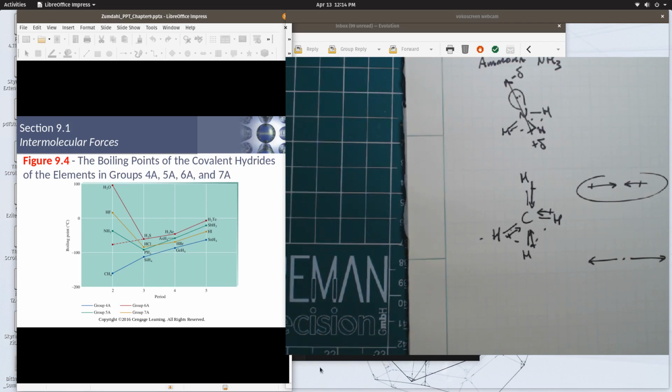But you see very strong dipole interaction. So water again has this sort of weird behavior. Periodic trend would suggest that it would follow. Well, here's hydrogen telluride, hydrogen selenide, hydrogen sulfide. Well, maybe water looks a lot like hydrogen sulfide, so maybe I should predict its boiling point down here. But no, it's way, way up here, and there's a reason it has such a high boiling point.